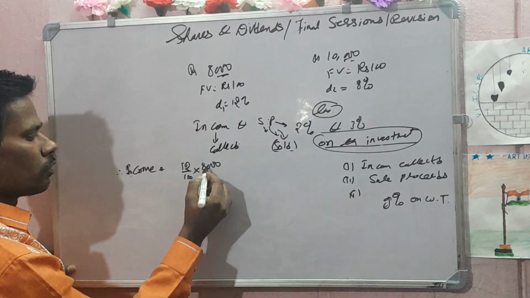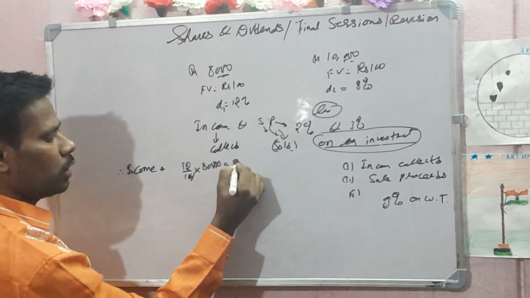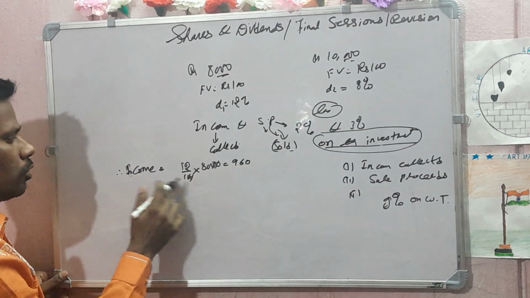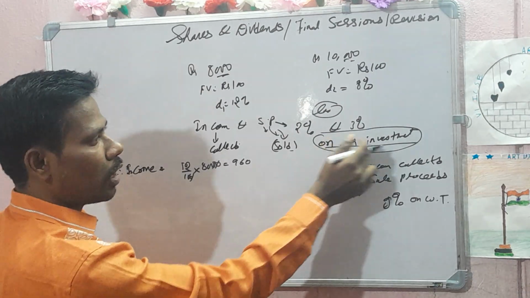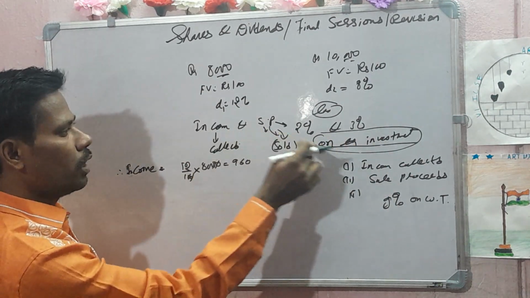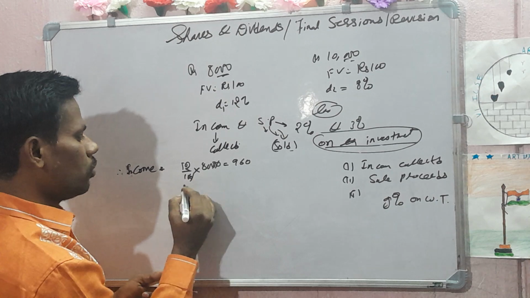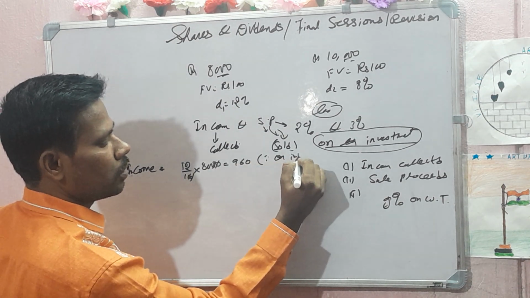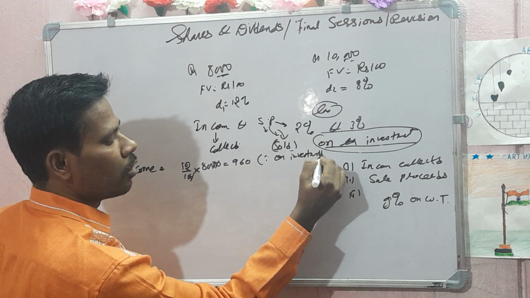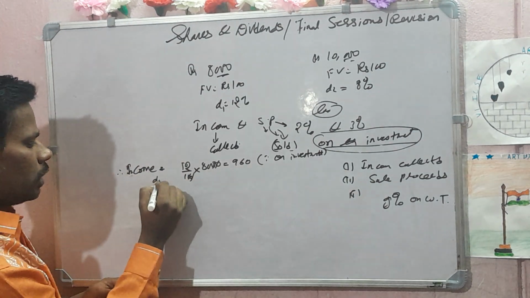The zeros cancel, 12 times 8 is 960. Why do we do it like this? Because 12% is given on the investment, that's why I told you to underline on the investment.